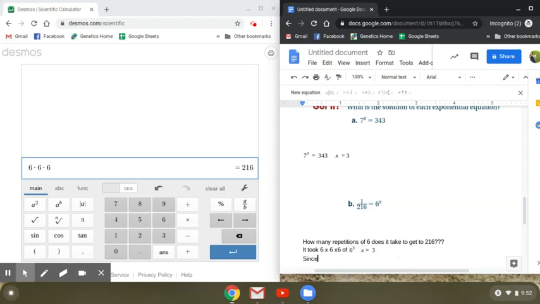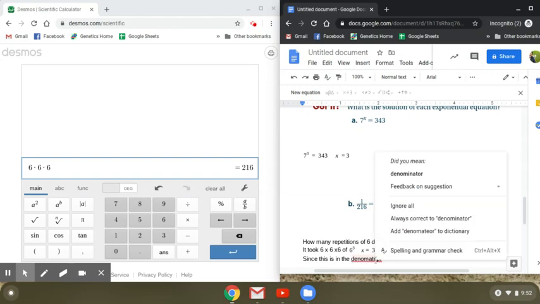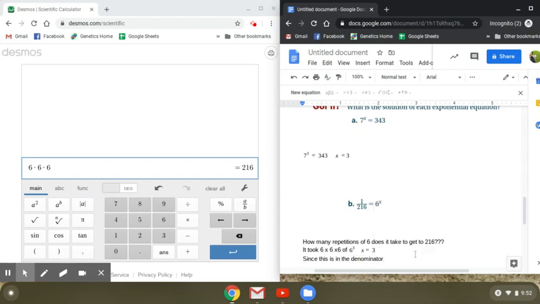And since this is in the denominator, we know that x actually equals -3. So in this case, x equals -3.